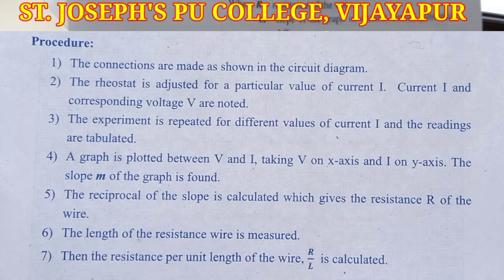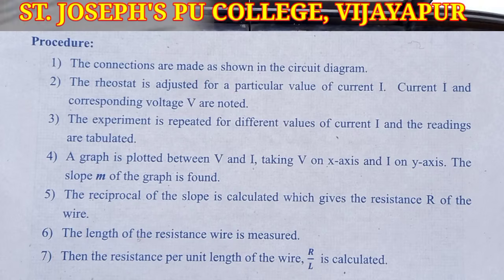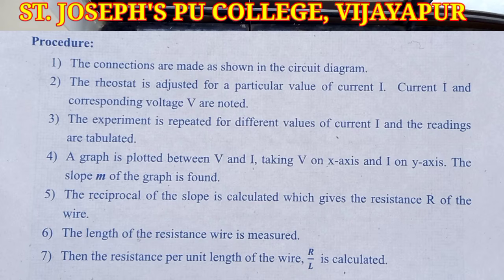We have to take down the readings and enter the values in the tabular column. By the values of current and voltage we have to plot the graph, and next we have to take down the slope, and calculate the resistance, and by knowing the value of L we can easily calculate the resistance per unit length by the formula R divided by L.